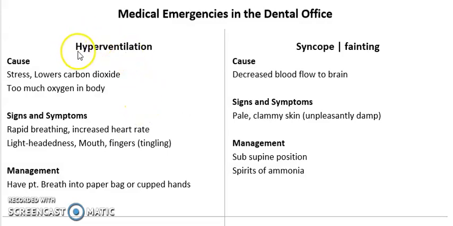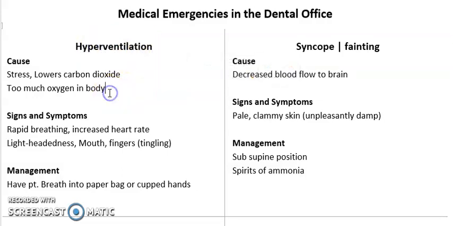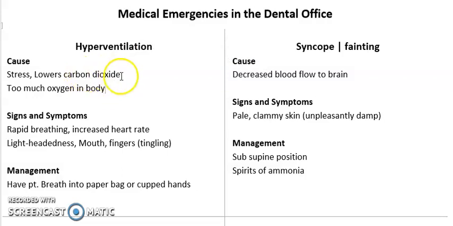One of the main, simple things that can happen is hyperventilation of the patient. The patient is breathing fast. That is caused by stress. It lowers the carbon dioxide in the body, and there's too much oxygen in the body.